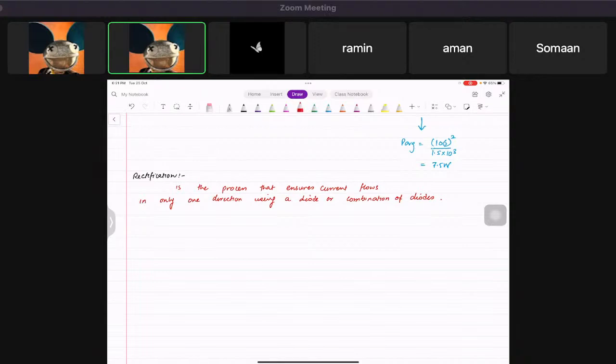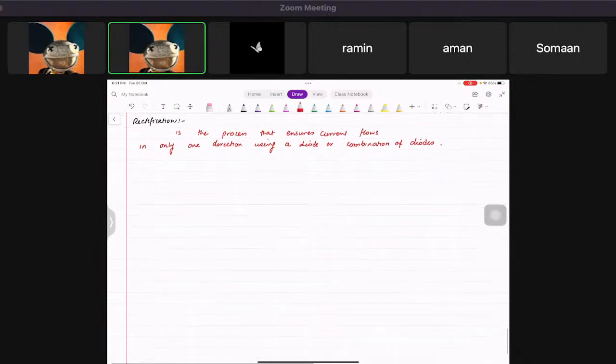Now what you need to understand is that normally if you test out an AC supply, it would look like something like this.